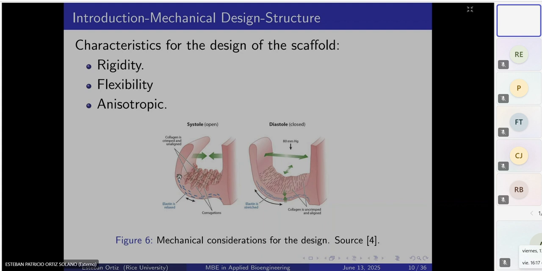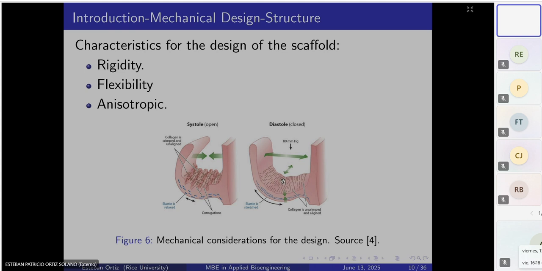Something that I want to highlight as well is that when the leaflet opens, when the valve opens, you can see the distribution of the elastin, the elastin that relaxes. And after, when the valve is open, the elastin is stretched a little bit.